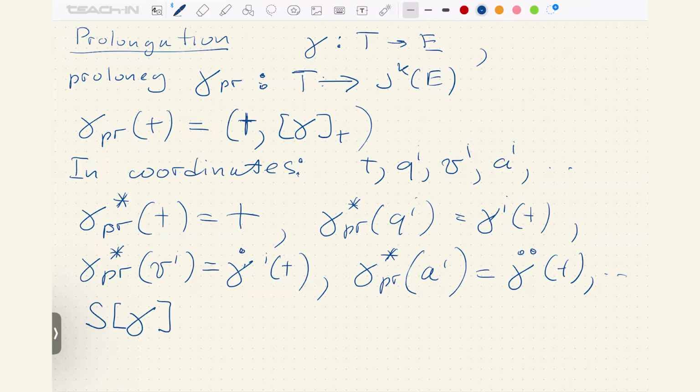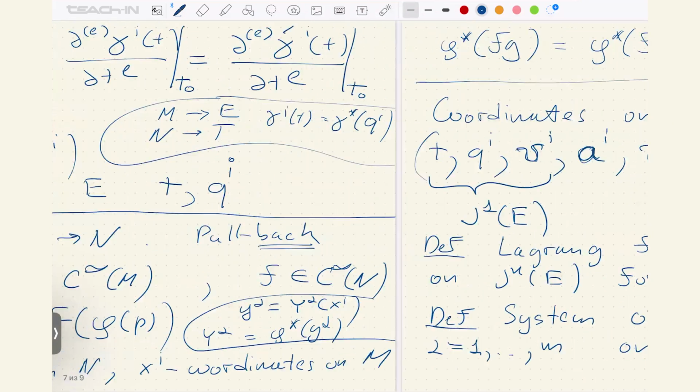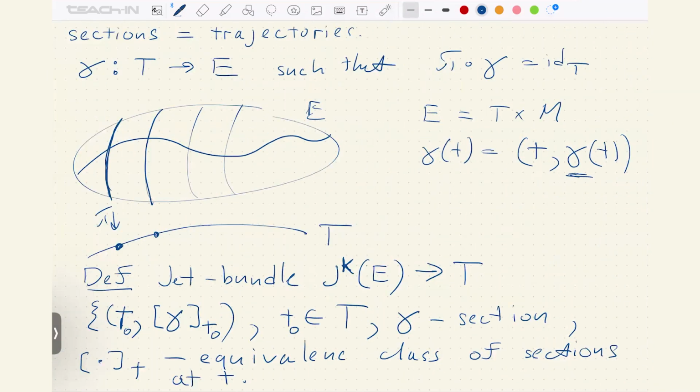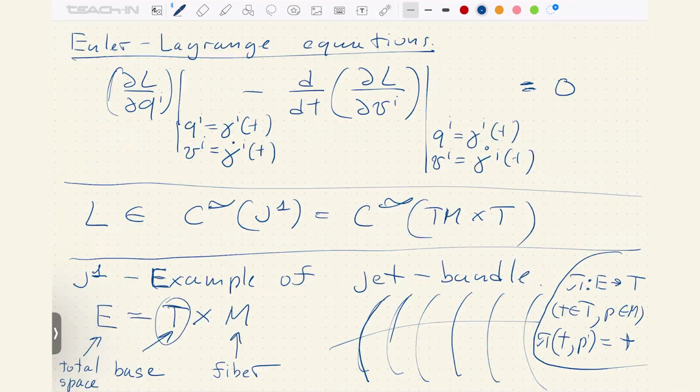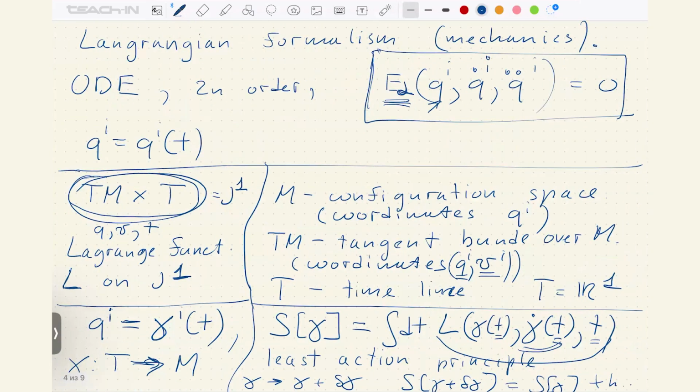It associates to each section a number, which is by definition the integral dt of gamma star prolonged of the Lagrange function. Do you remember this formula, which you know from a classical mechanics course?